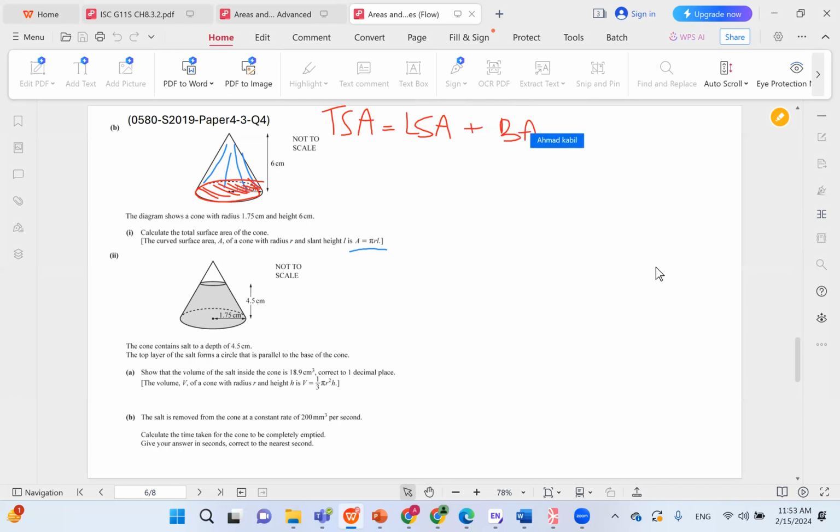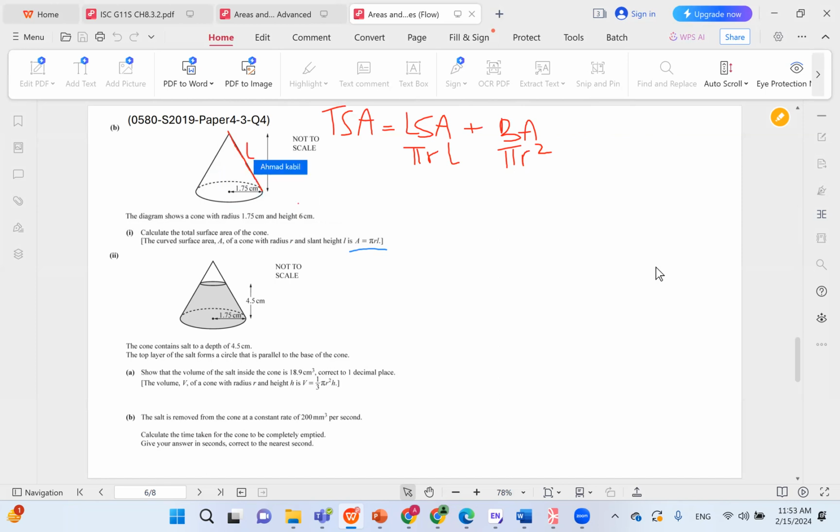We are told that the radius is 1.75. So the base area would be pi r squared, and the lateral surface area is pi RL. So we're just missing L because that's the only unknown here. So how do we get L? We use the Pythagorean theorem. Let me erase the coloring so that you understand what I'm talking about. We want L, which is the slant height of the cone, which is this part here.